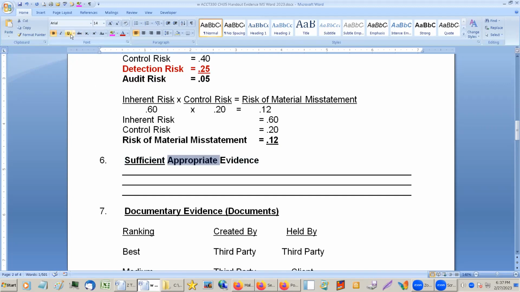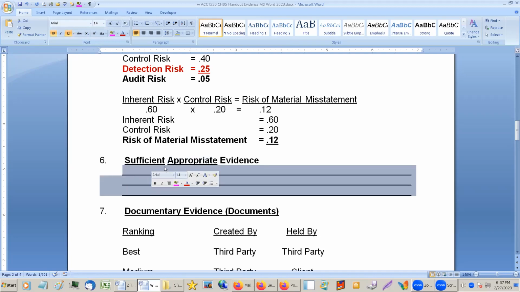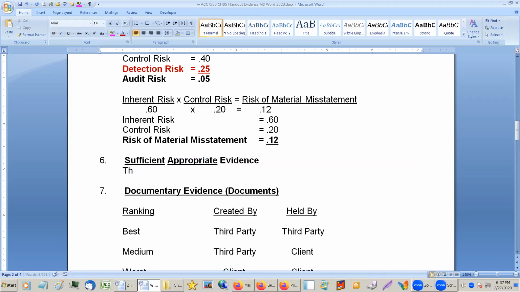And the question may be, well, sufficient appropriate for what? Sufficient appropriate evidence to support an opinion.